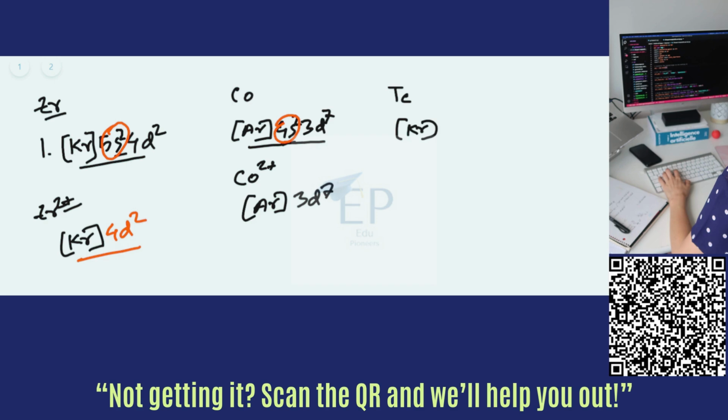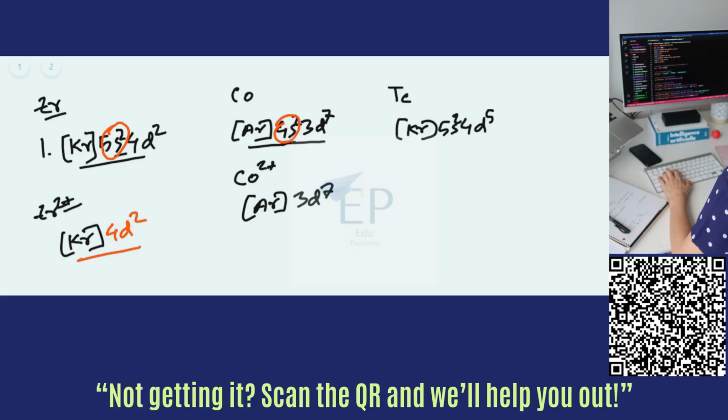So again we have to write 5s and (n minus 1)d, that means 4d. Tc has in total 7 electrons, so 2 will go to s and 5 will go to d.